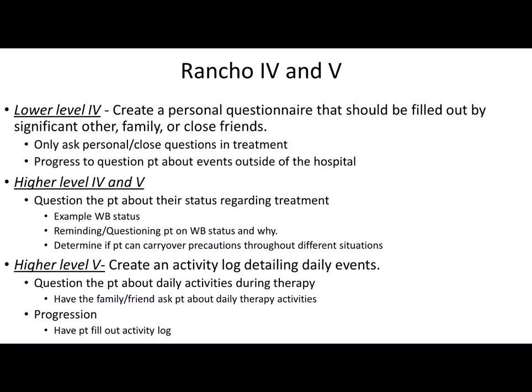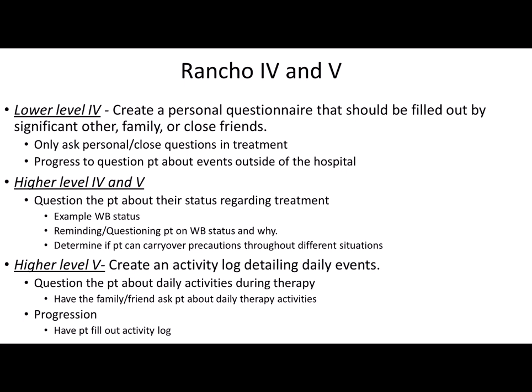As the patient progresses through higher level 5, you want to start keeping an activity log of the person's daily events and treatments. Okay, not only with physical therapy, but maybe with speech and occupational therapy as well.